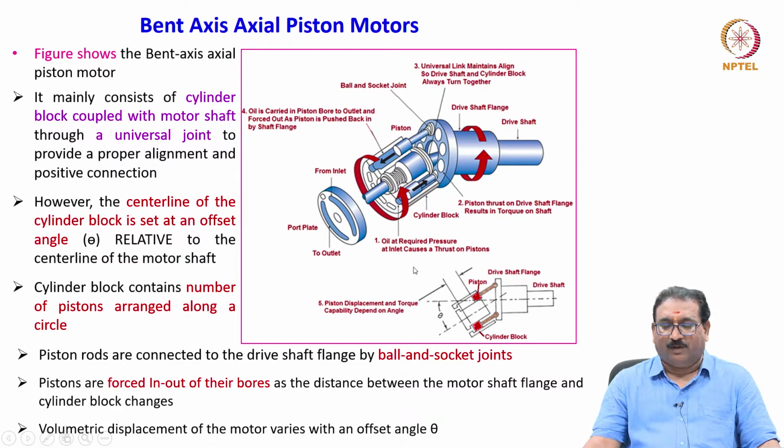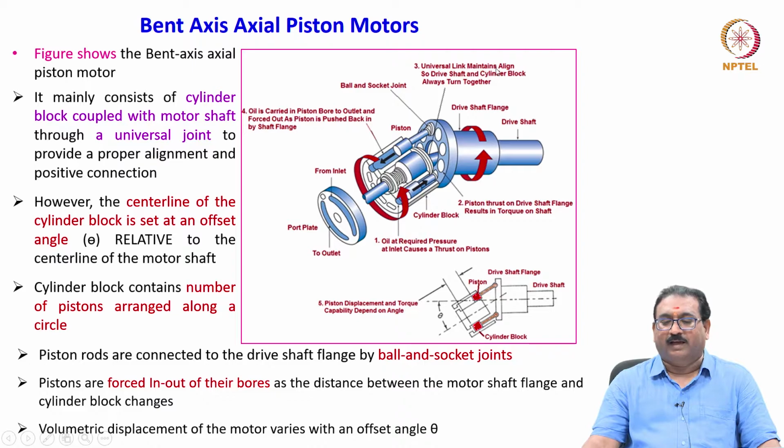See here, under operation, I have written the important 5 points. The oil at the required pressure at the inlet causes thrust on the piston. Piston thrust on the drive shaft flange results in torque on the shaft.